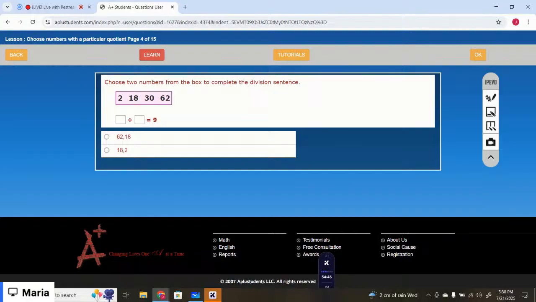Choose two numbers from the box to complete the division sentence. 18 divided by 2 is 9. Option number 2 is the correct option.